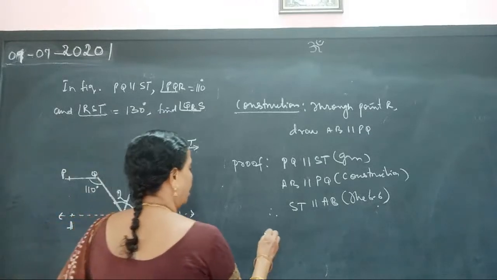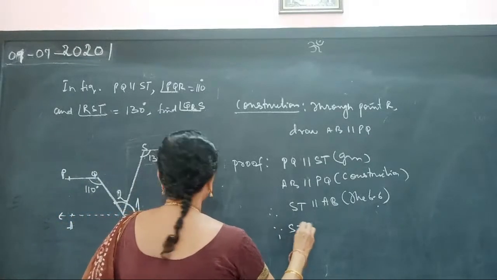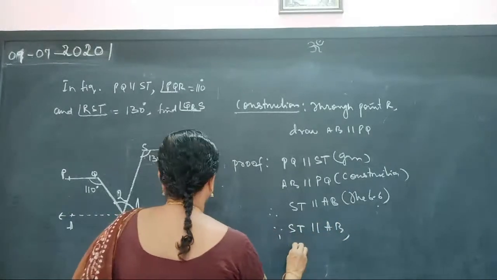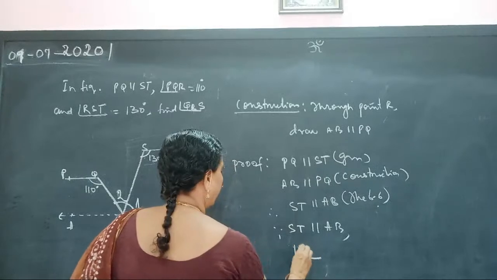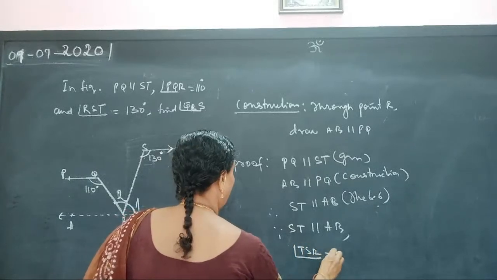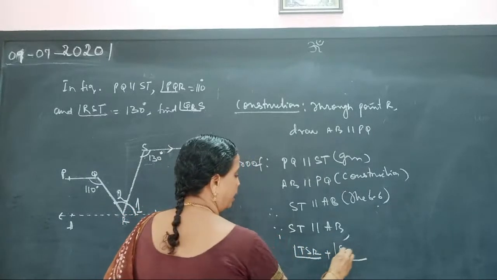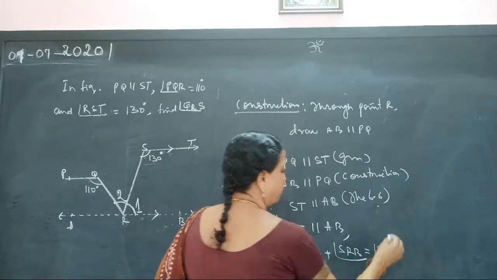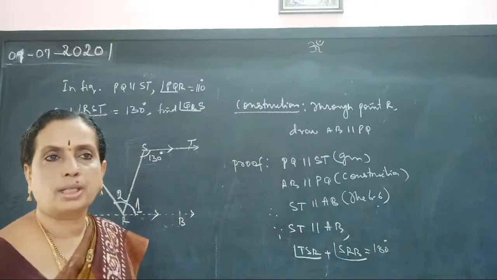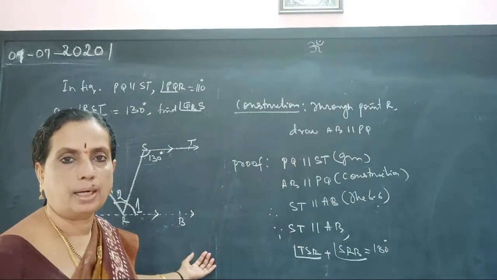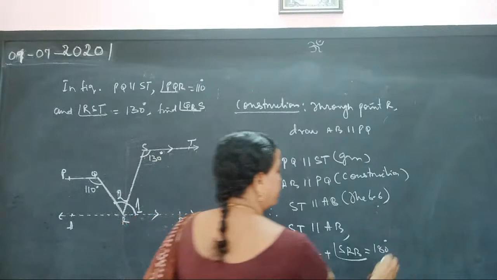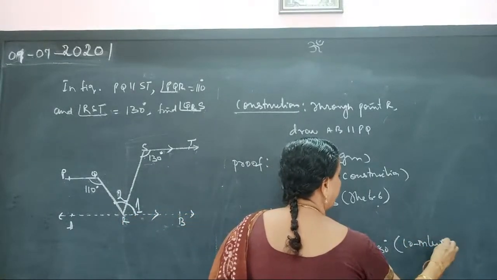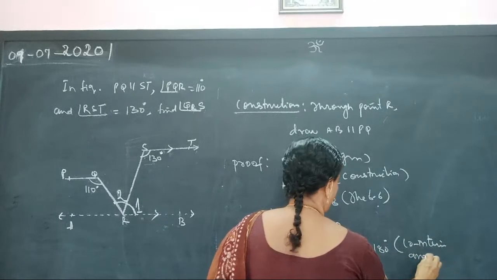Now, since ST is parallel to AB, angle TSR plus angle SRB equals 180 degree. So what I said, you can use the letters. The reason here is co-interior angles.